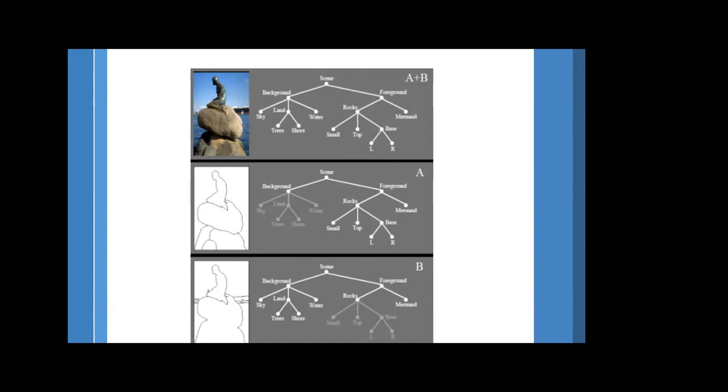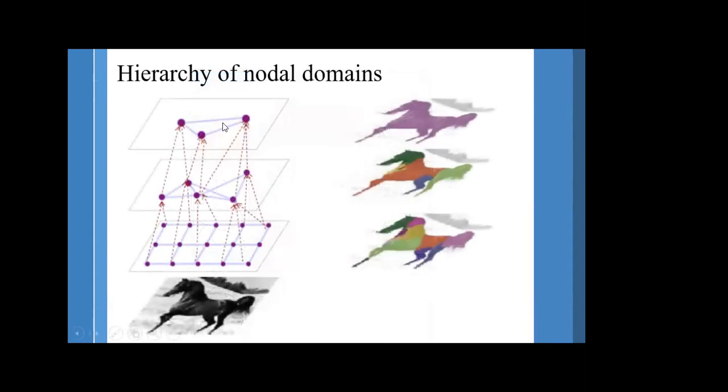Okay, so that is right. In principle, people try to use higher order nodal domains. There is a hierarchy of nodal domains, because you remember that I take a Fiedler vector, I have a bisection.